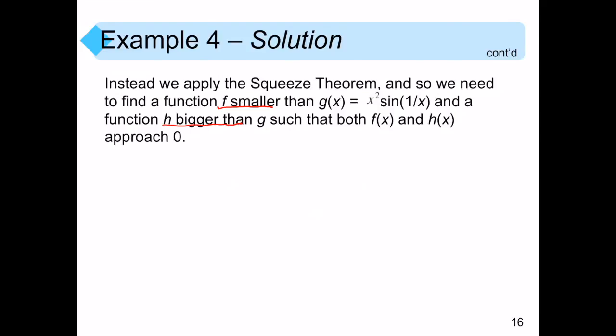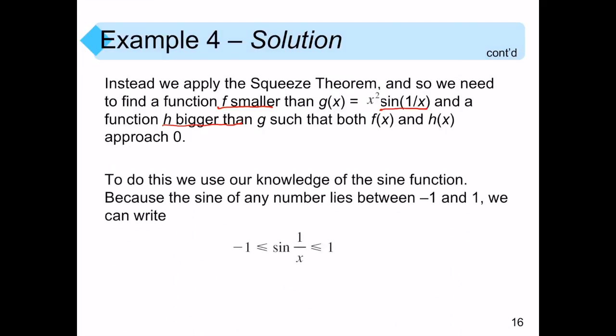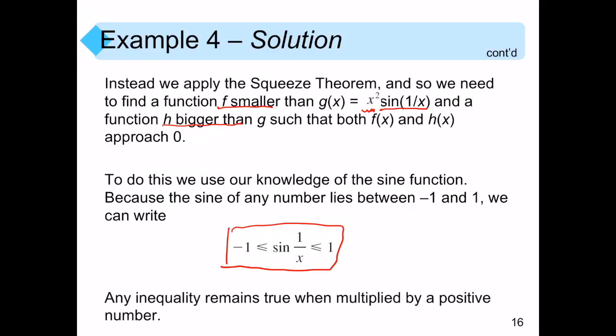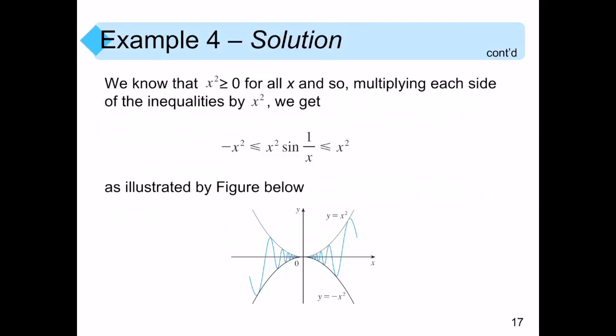So for this, we notice that sine 1 over x is bigger than negative 1 and less than 1. And also we notice x squared is positive. When we multiply an inequality by a positive number, the inequality remains. So we multiply by x squared on the left side, the right side and the middle. Then we have this inequality.